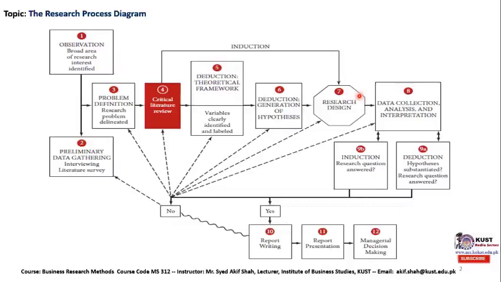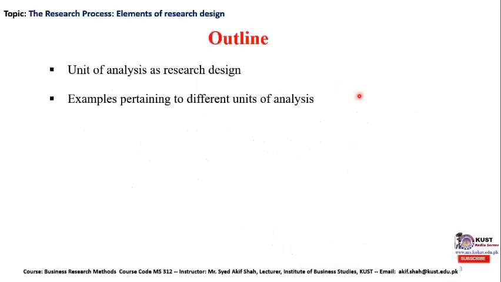It could be exploratory, descriptive, or hypothesis testing. Then we studied the causal study as well as the correlational study, which is the type of investigation. In today's lecture, our emphasis will be on the unit of analysis for a particular research work.